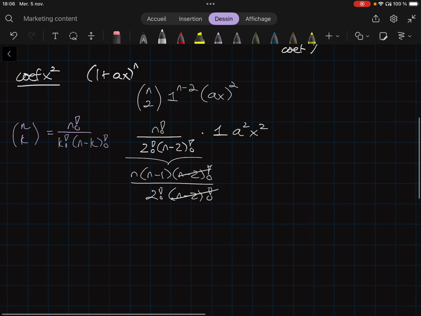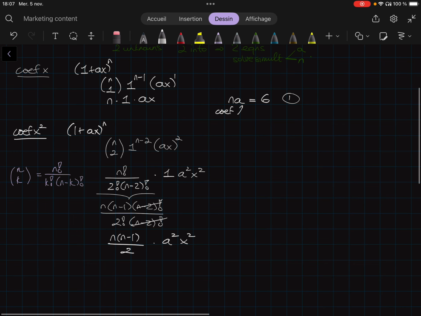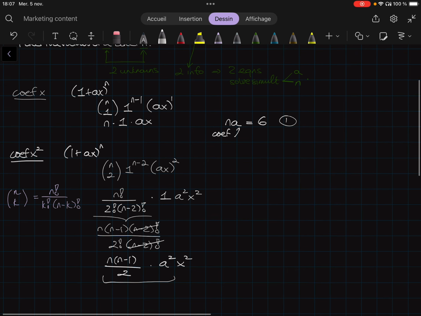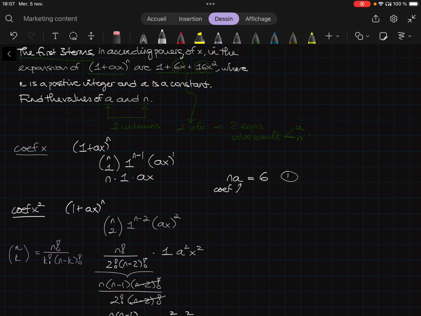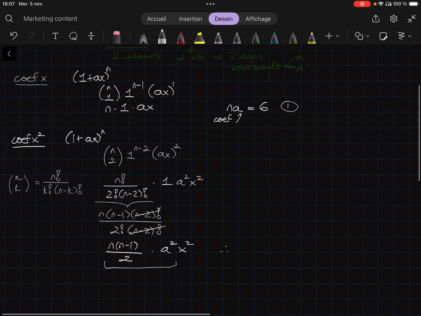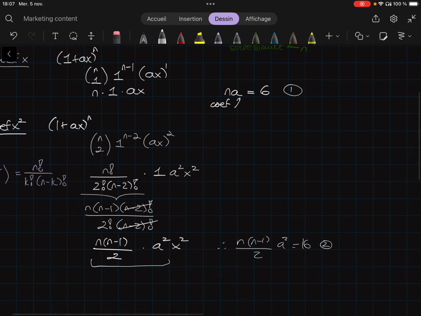Two factorial is 2 times 1, or 2. And we know that the coefficient of the term in x squared is equal to 16. So this is going to be your second equation.